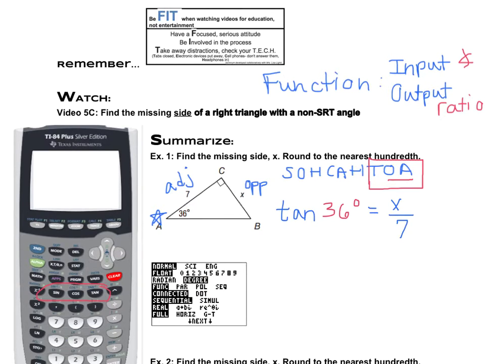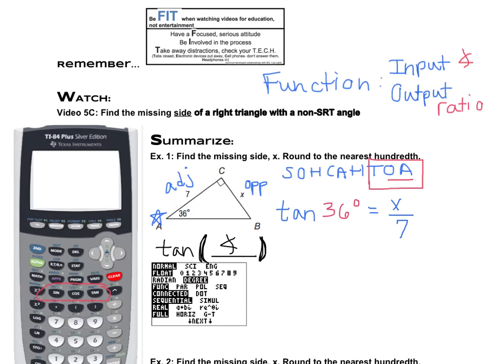So I'm going to use my calculator, and I'm going to calculate out tangent of 36 degrees. Now when you plug in tangent, your calculator will automatically pop open a parenthesis, as you can see there. Whatever comes next, that's where your angle goes. And you can go ahead and choose to close the parenthesis afterwards. Probably a really good habit to get into.